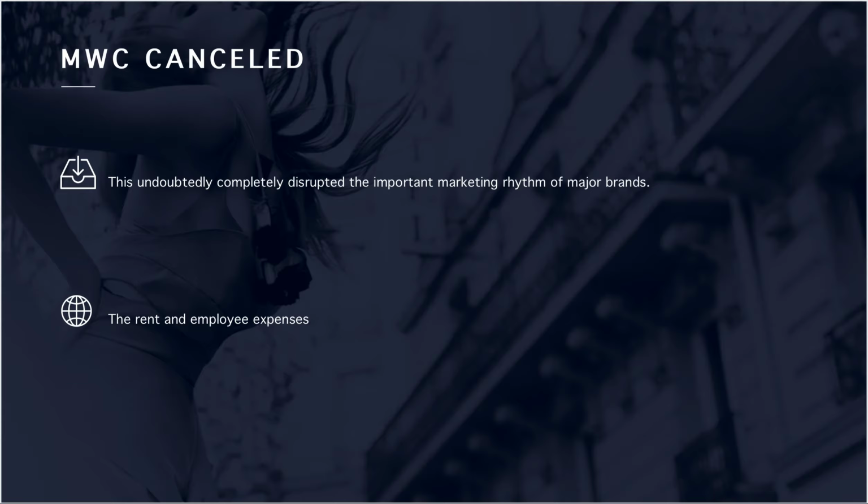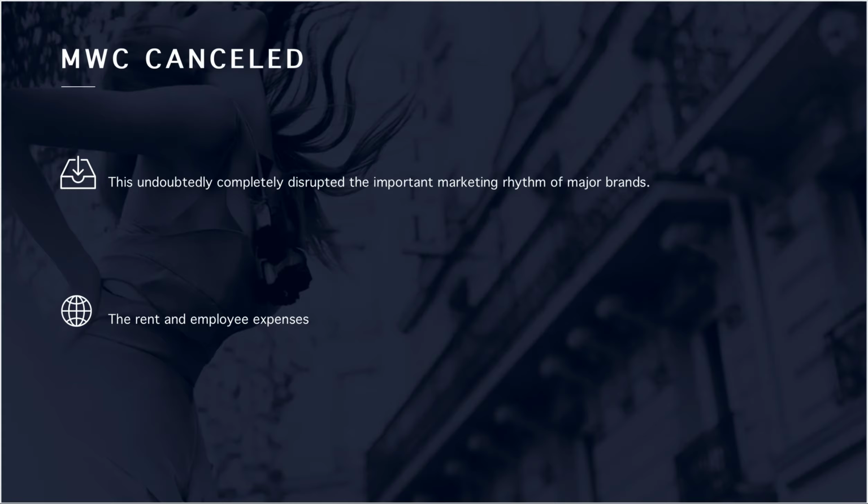Since MWC is very important, all the countries and customers will consider the production in this exhibition, and they will focus on this exhibition. So for many famous smartphone brands, this exhibition is very important for their whole year's plan.